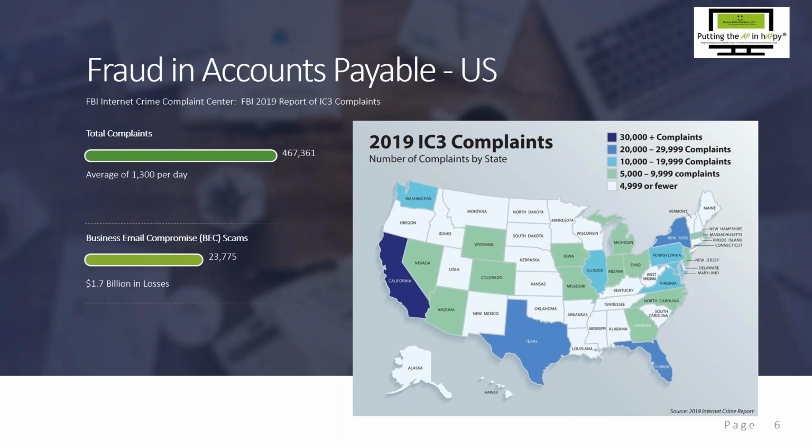I wanted to point out that business email compromise, where a fraudster attempts to trick AP team members into believing they are a CEO or a C-suite level or any finance employee that can request payment, or a vendor to add or change vendor bank details, diverting payments, resulted in more than $1.7 billion in losses.